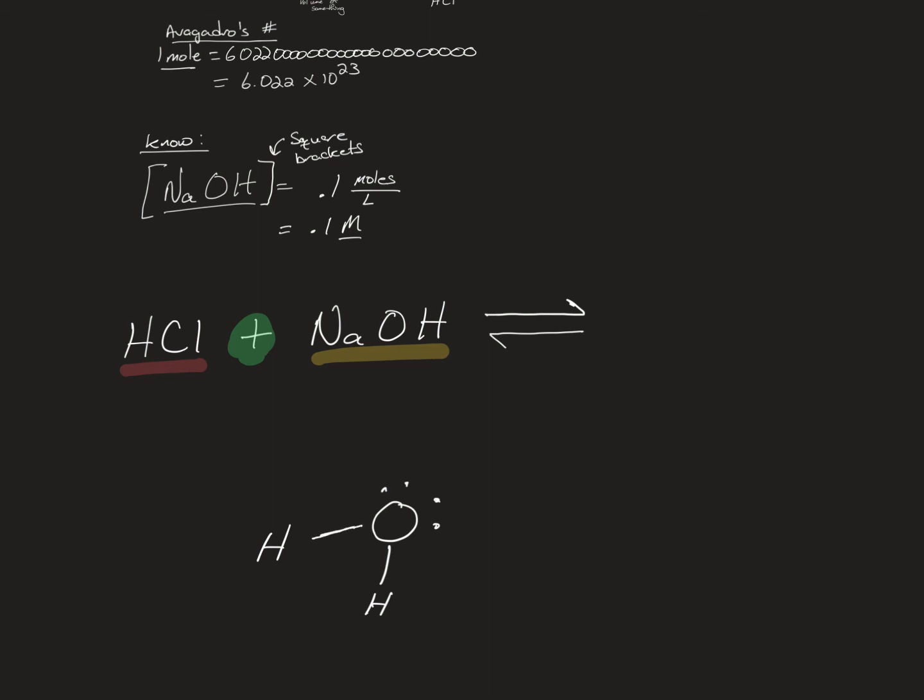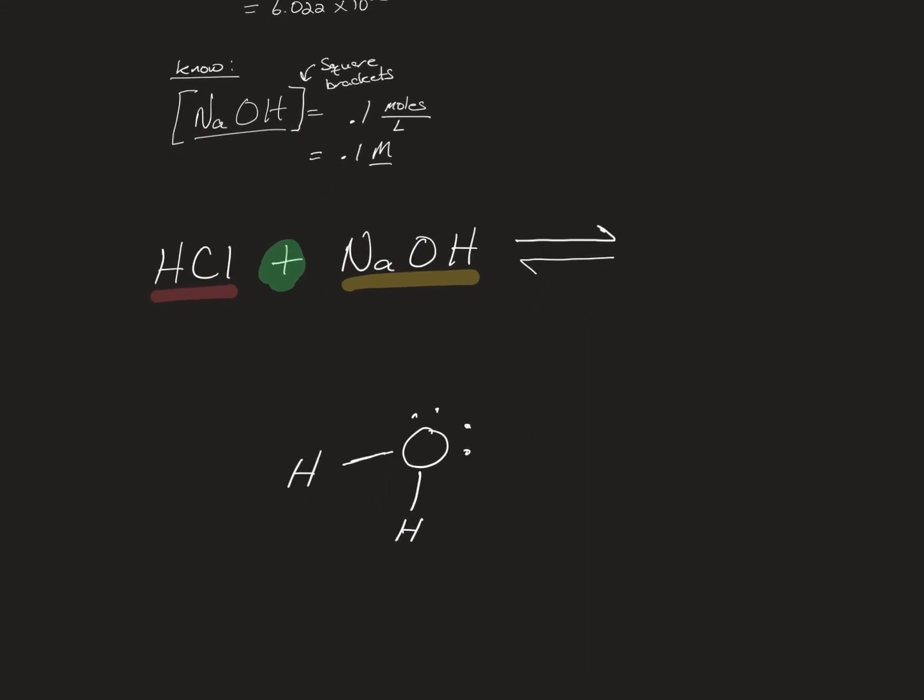These lines are the sharing of those two electrons. So now what do you have? We used to have HCl. What do you have now? And you had H plus and OH negative. What do you have now? What is this? Water. H2O. So now the H and the OH go together and they form H2O.